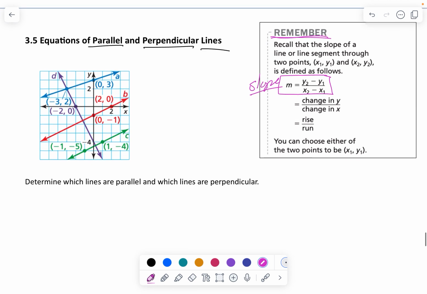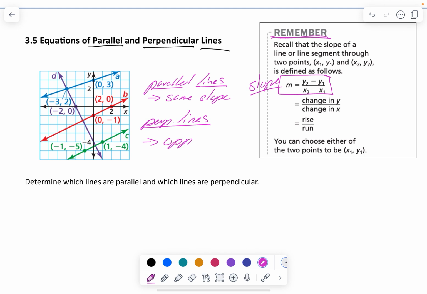Also remember from Algebra 1 that if we have parallel lines, they have the same slant, or in other words, they have the same slope. Perpendicular lines, the slopes have a special relationship as well.